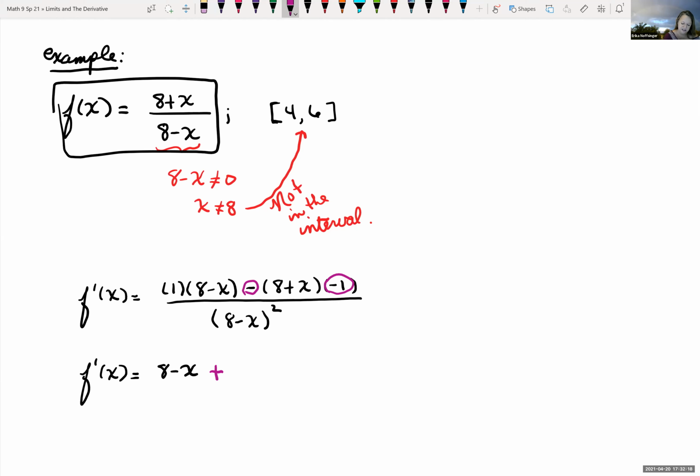And so really I can just drop my parentheses. This is 8 plus x all over 8 minus x quantity squared. So combining like terms, 8 plus 8 gives me 16. Negative x plus x cancels out, all over 8 minus x quantity squared.